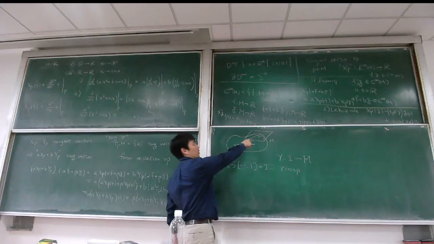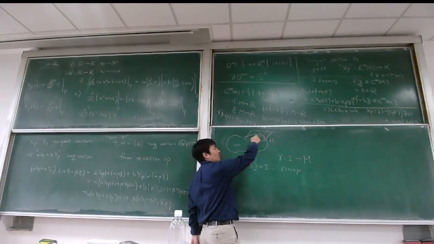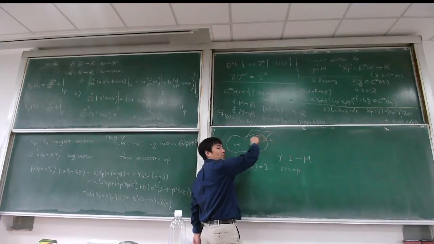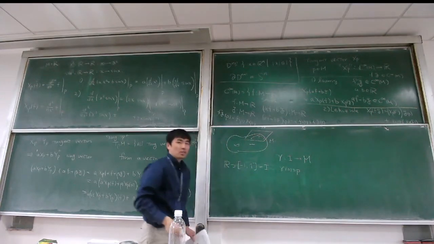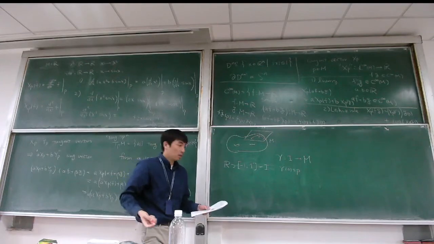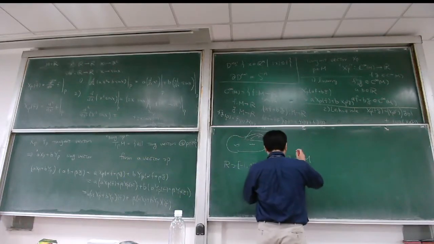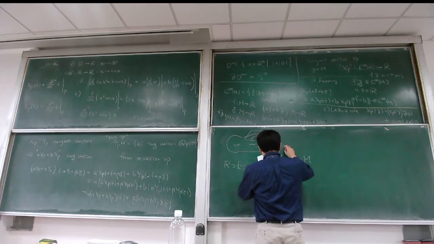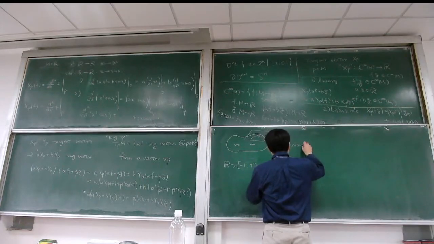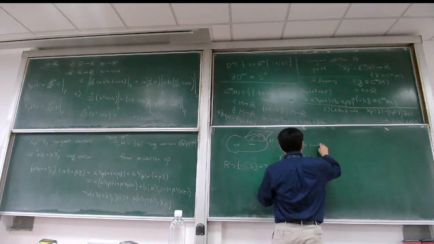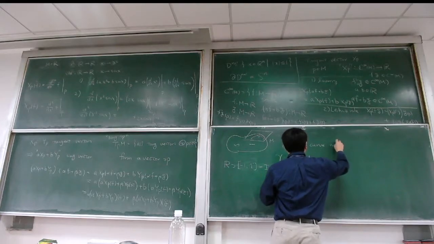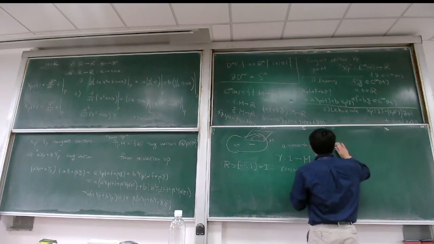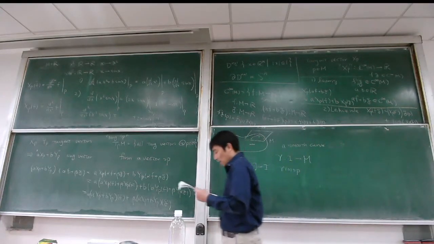So minus 1 is mapped around here, and 0 is mapped to the point P, and 1 is mapped around here. So that's how the segment is mapped. It's called a curve inside M. So this is a smooth curve, a smooth curve in M.